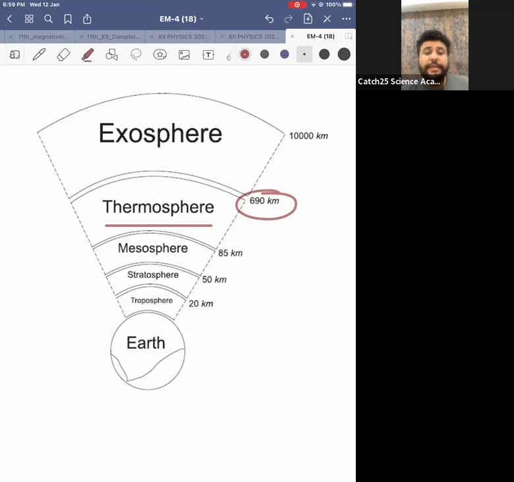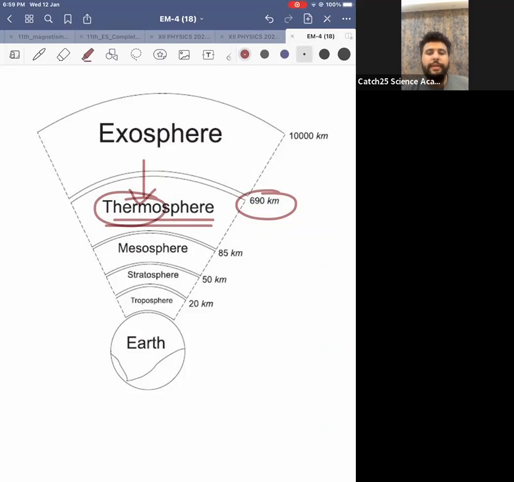The second point, as the name suggests, is thermo. Thermo means high temperature. Therefore, I can say this layer contains high temperature regions, because thermo means heat.